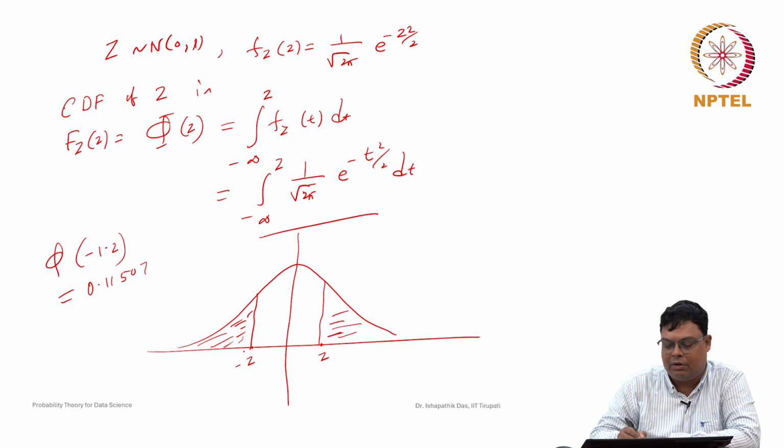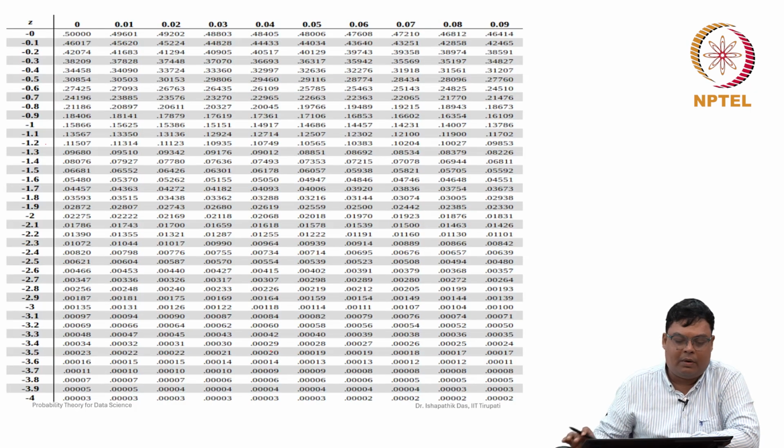So, we can find this probability also. Because the total is 1, this side is half and this side is also half. So, this probability you can find by subtraction, half minus this area. In this way we can find any probability, because all the negative value probabilities are given.